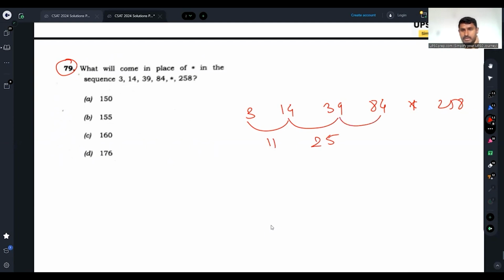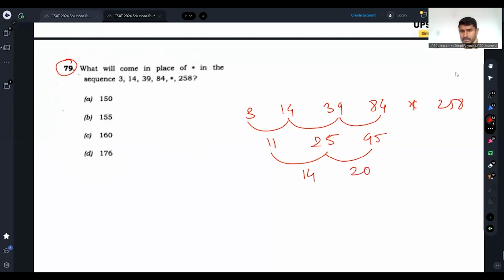Then here it should be 84 minus 39, 45, right? Now let's take the second level difference. Second level difference will be 25 minus 11, 14. This 45 minus 25, 20.